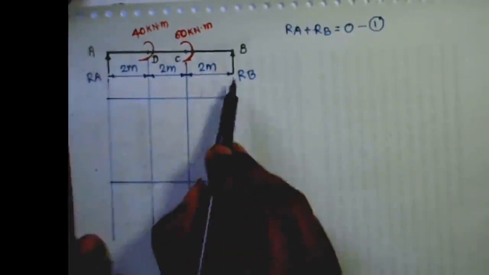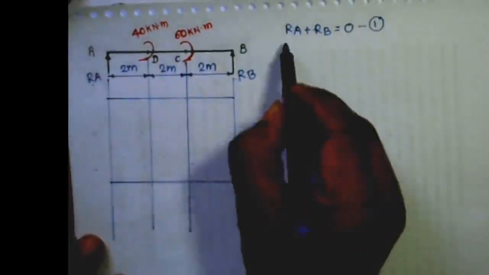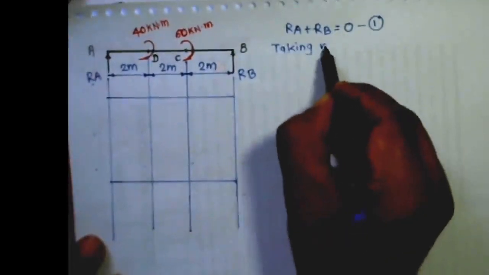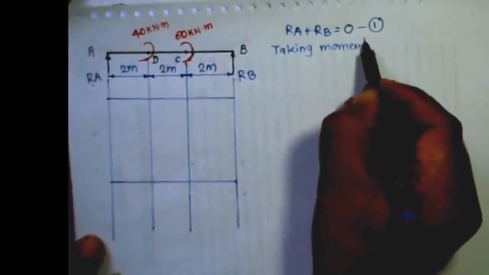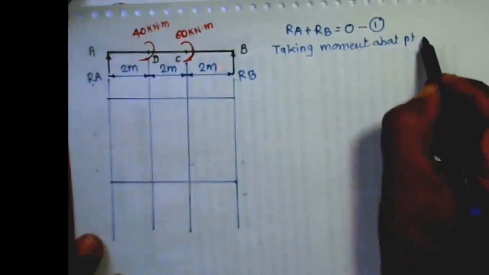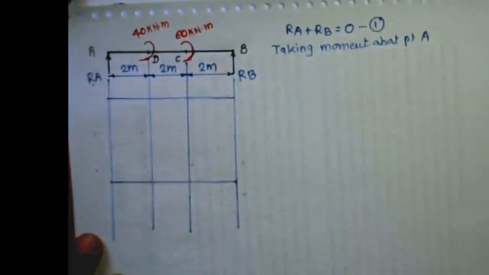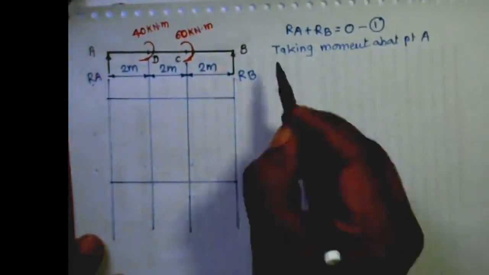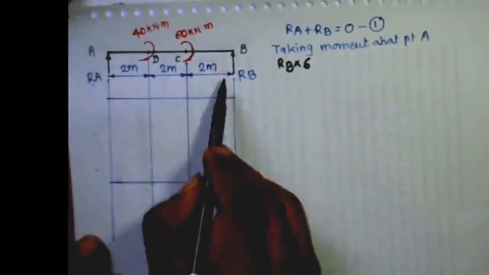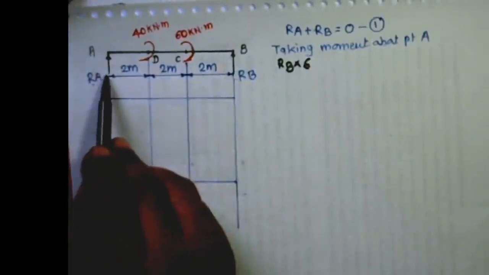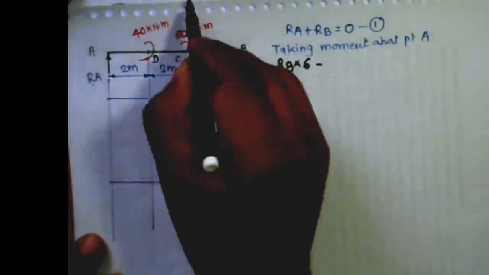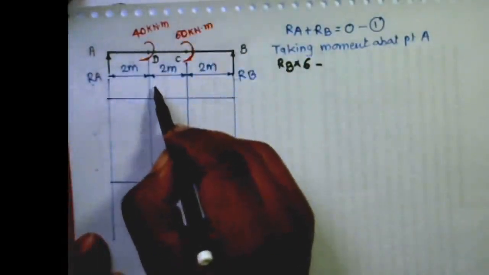Now we have to calculate the reactions RA and RB. So again we may take the moments about point A. You may take moment about point B also. So in that case we are going from right to left. So RB into 6, we are going RB into 6 up to the point A, minus, here this moment goes in anti-clockwise, this moment comes in clockwise direction.